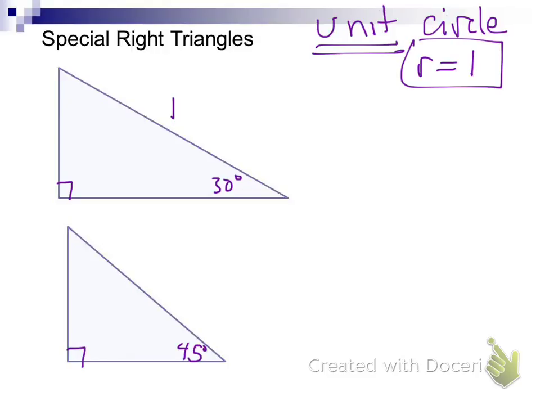So if I want the hypotenuse of the 30, 60, 90 triangle to be 1, what was it before? It was 2, right? So I'm dividing 2 by 2 to get 1. If I divide the hypotenuse by 2, I need to divide the legs by 2. So this will be 1/2, and this will be square root of 3 over 2.